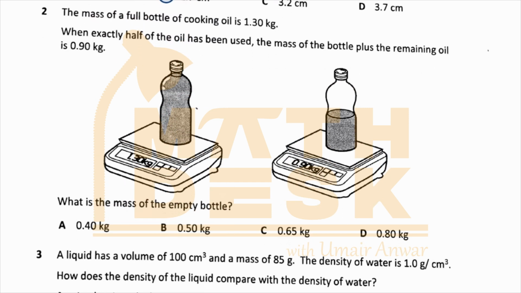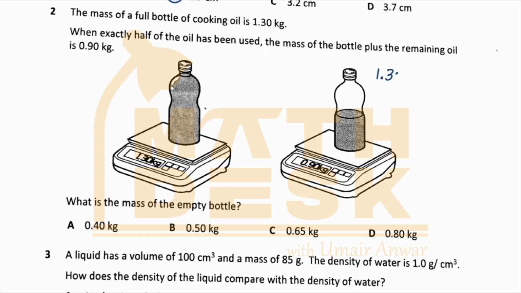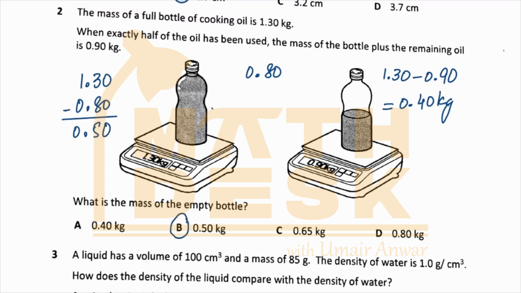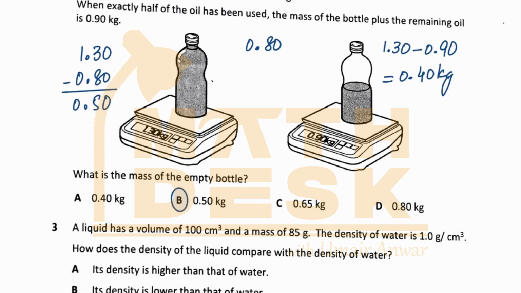So since half of the oil has been used here and the mass has decreased by 0.40 kilograms, half of the oil has a mass of 0.40 kilograms, which means that the full oil would have a mass of 0.80 kilograms, and the mass of the empty bottle could be found when we subtract 0.80 from 1.30, so we get an answer of 0.50 kilograms. So here option B would be the correct answer.